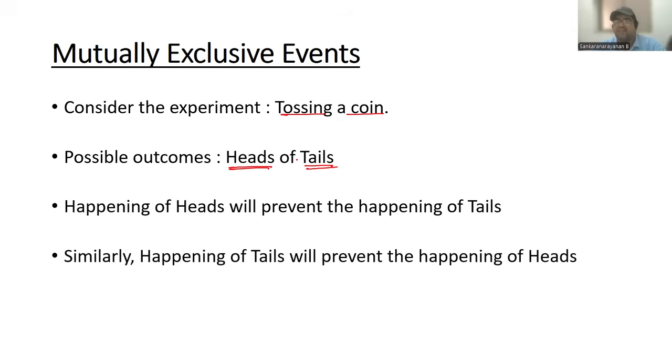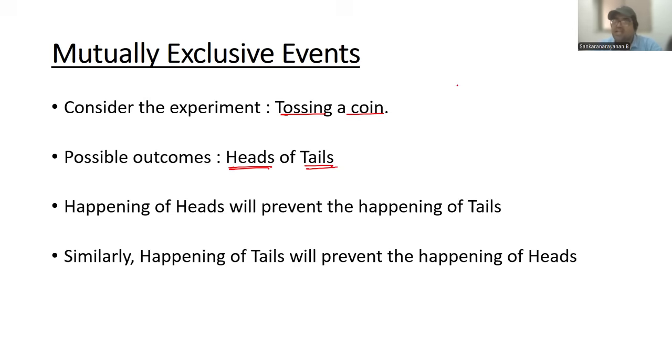If it's tails, it's not going to be heads. These types of events I call mutually exclusive events. The happening of one event suppresses the happening of the other. If that is the scenario, those events are mutually exclusive.